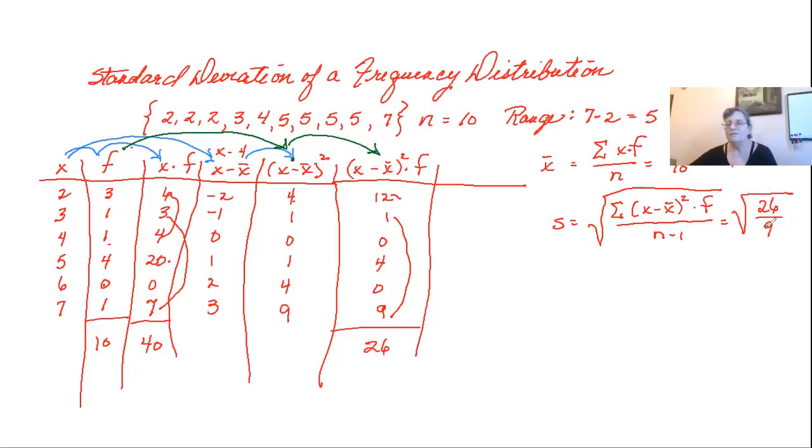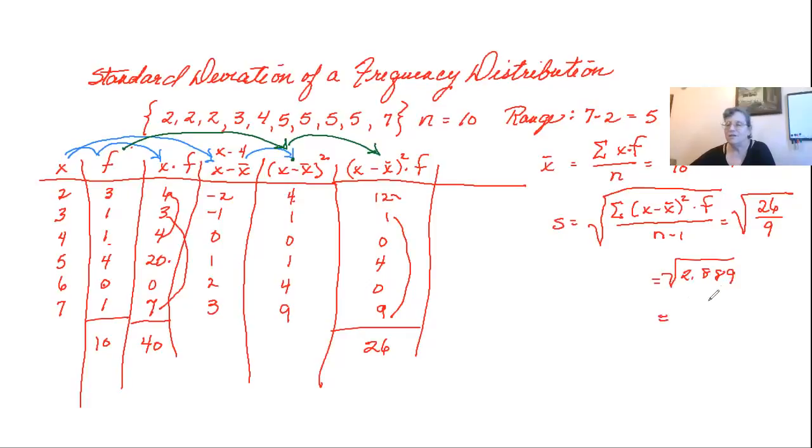And again, that's done deliberately to make this turn out slightly larger than it would have been otherwise. So the square root of 26 divided by 9 would be the square root of 2.889.